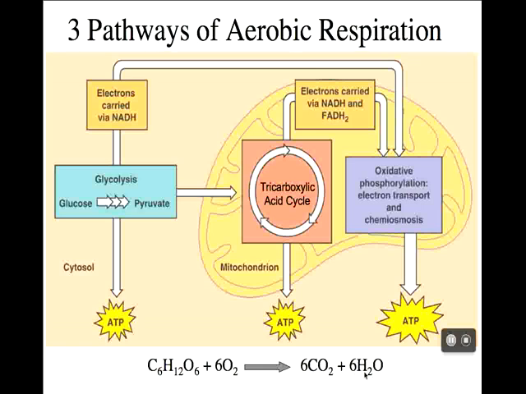We're going to see that there are 3 steps, if you will, to aerobic respiration. Glycolysis happens first. From glycolysis, then you enter into the tricarboxylic acid cycle, which is second, and from there you move into the electron transport system. So we're going to go through each step one at a time, starting out here at the beginning with glycolysis.